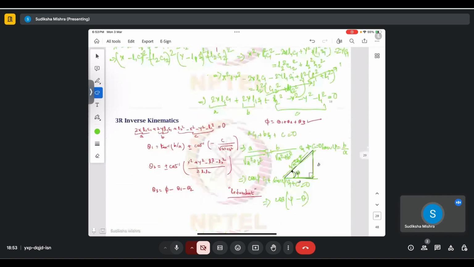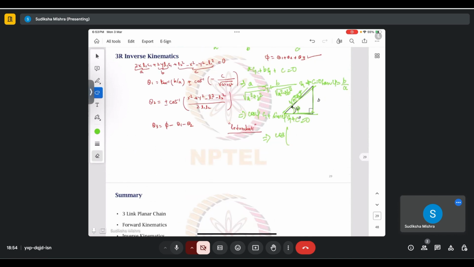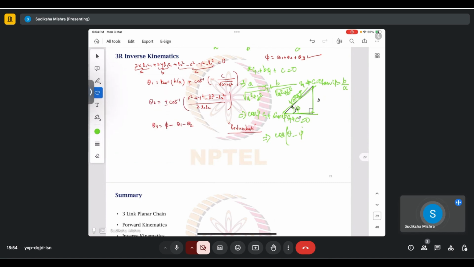Let's consider the same thing here. Theta minus psi, so cos of theta minus psi is equal to minus c by root a square plus b square, so theta minus psi is plus or minus cos inverse of minus c by root a square plus b square.